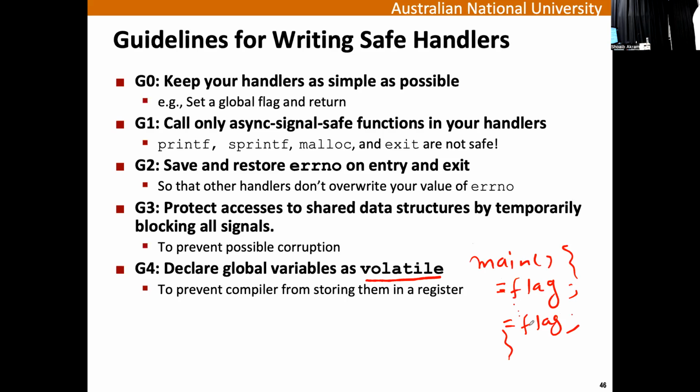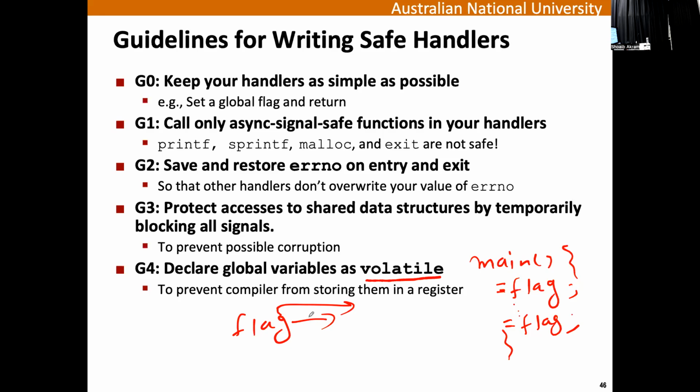The compiler can put the variable in the register file and always use the register to access the variable. So if the signal handler writes the same variable flag somewhere in memory, then the main program will never see that write, because the compiler did the optimization of always reading the variable from the register.